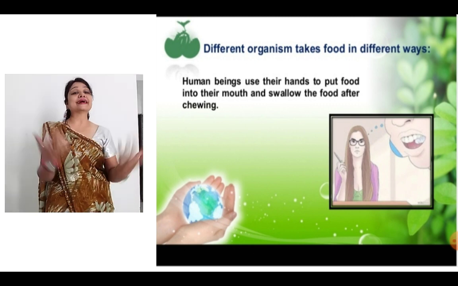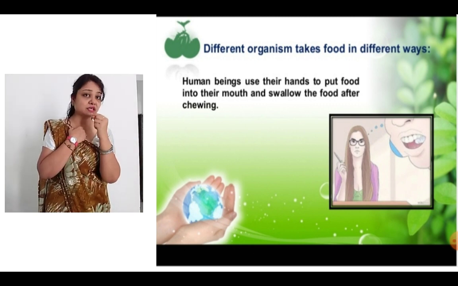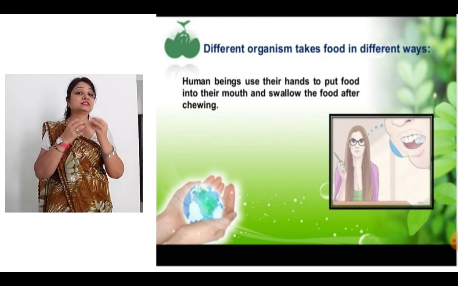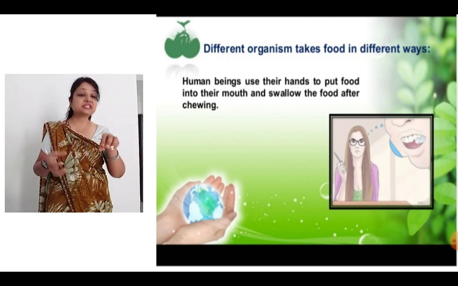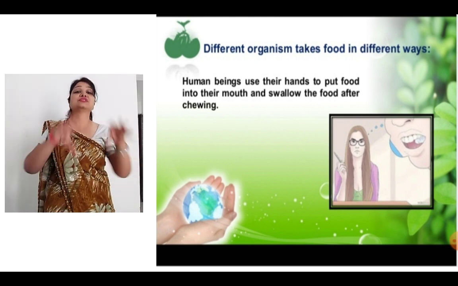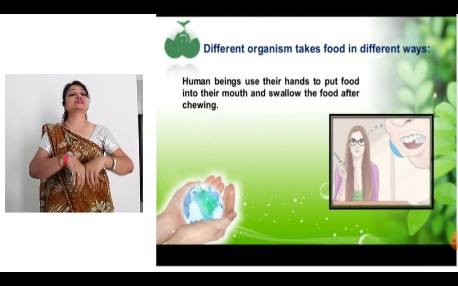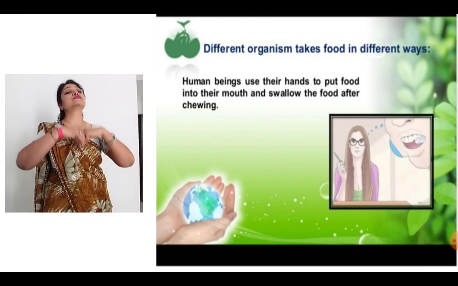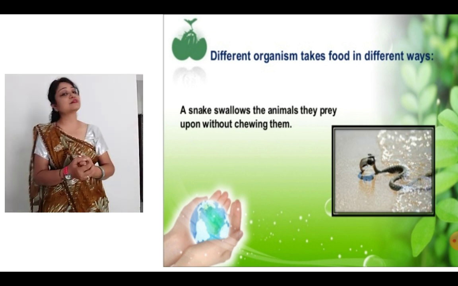They use their hands to put food into their mouth. How are we eating? Either with the tongue? No. With legs? No. Or simply sucking? No. We are using the hands, right? We take the food with our hand and put it in our mouth and swallow the food after chewing. That is the process human beings are following.